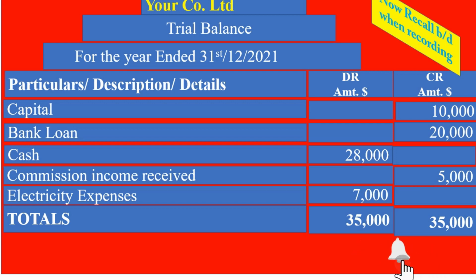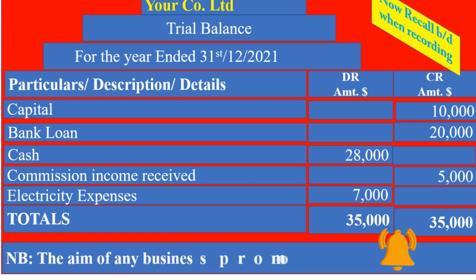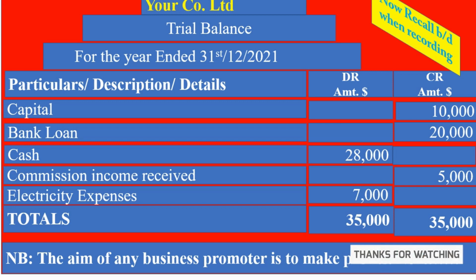So as we end this lesson, I want you to note the following, that the aim of any business promoter is actually to make profit. And this introduces us to our last lesson, that is lesson 11, about trading, profit and loss account.